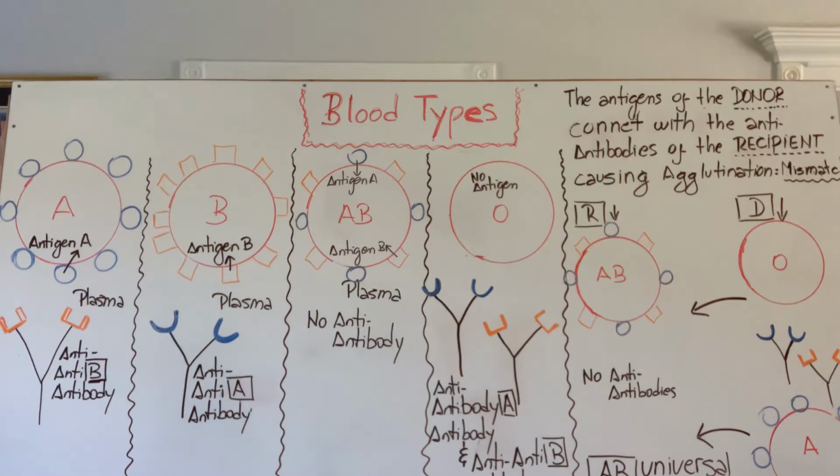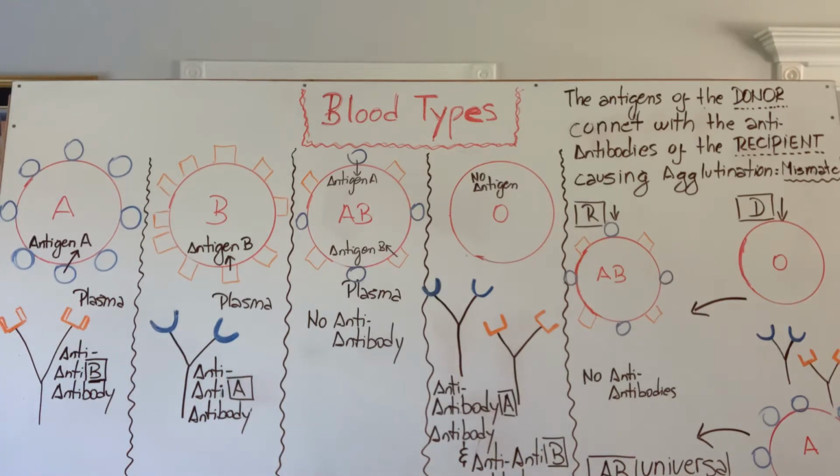The other concept that we have to understand is the type of antibodies the different types develop in their plasma. So in the type A, where they have antigen A, they develop in plasma one type of antibody that is anti-B antibodies.